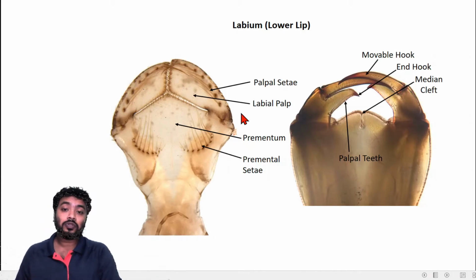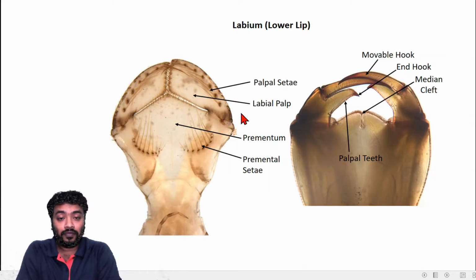So here another question comes: how will you understand whether the larva is in the final stage or not? For that, one very easy character is the size of the wing bud. If the wing bud or wing pad is very grown, quite big, then you can understand that this larva is going to emerge.